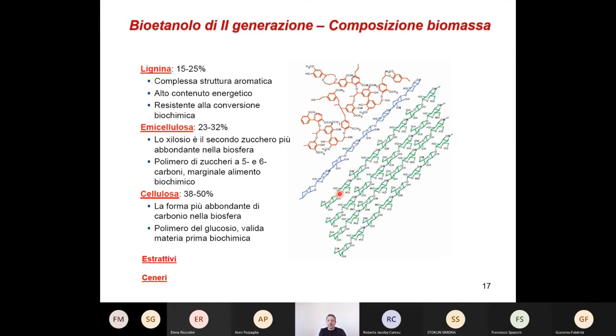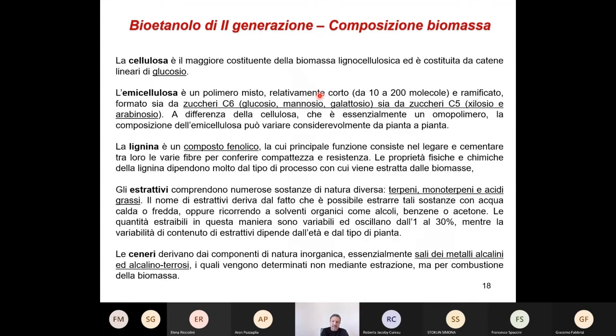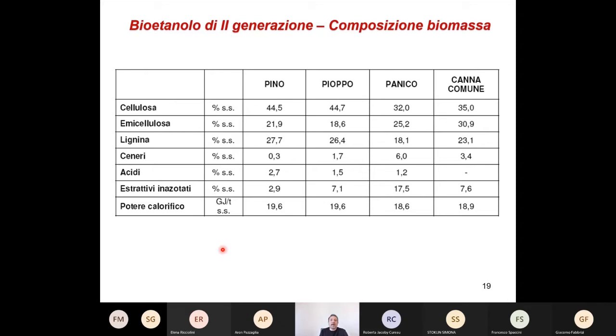Of course we have also other components, but we are concentrating on the main components of this biomass structure. Here you can see the things I said, and these are some typical compositions of some kinds of biomass from forestry, for example, and from agriculture, and this is the cellulose content.